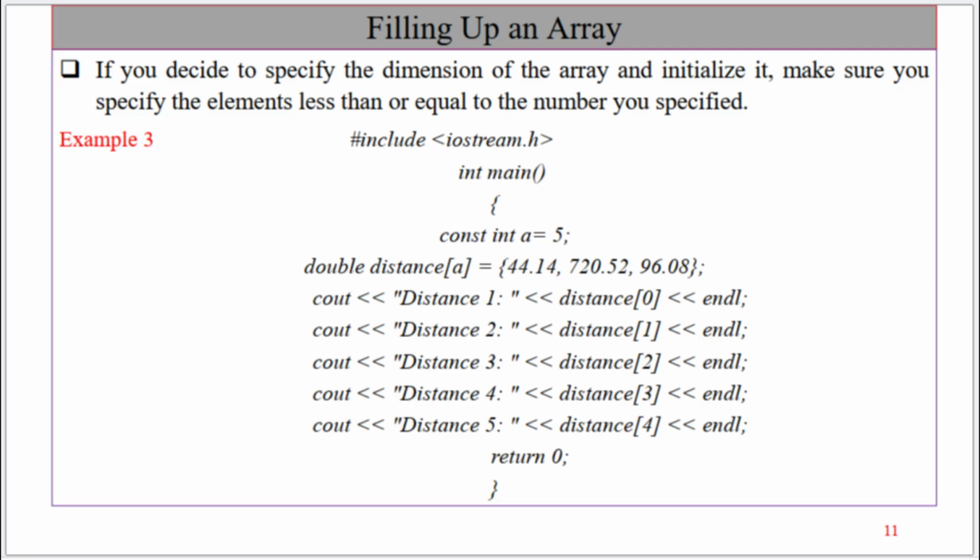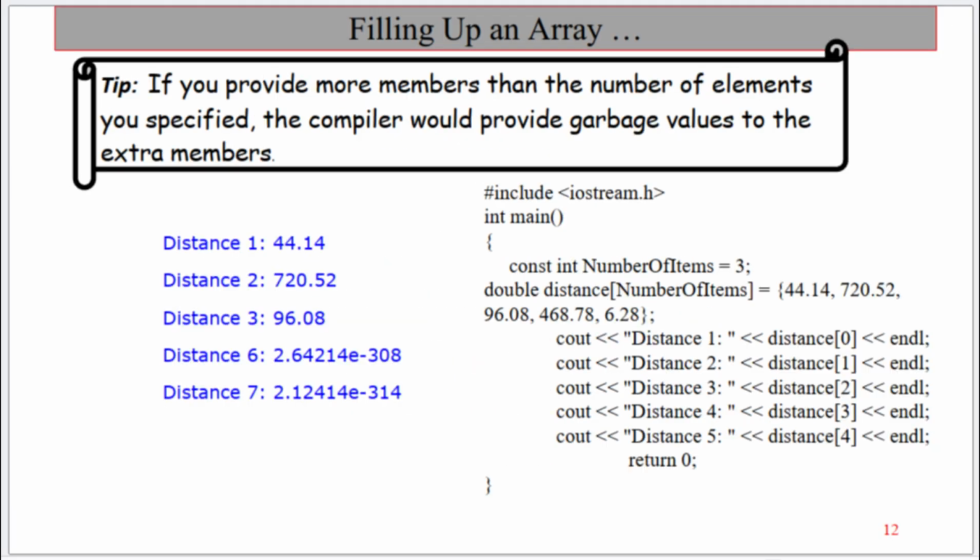Double distance[a] equals 44.14, 720.52, 96.08. cout distance 1, distance[0] endl, cout distance 2, distance[1] endl, cout distance 3, distance[2] endl, cout distance 4, distance[3] endl, cout distance 5, distance[4] endl, return 0.